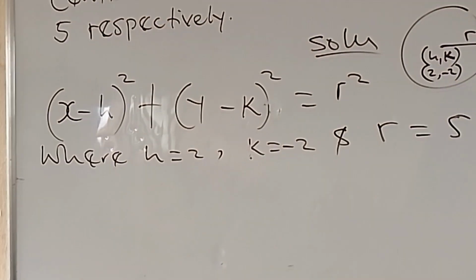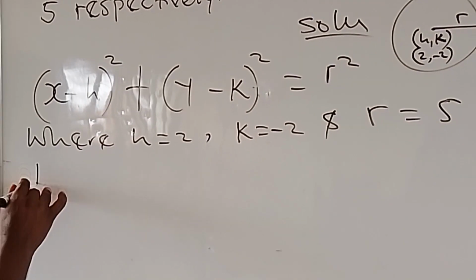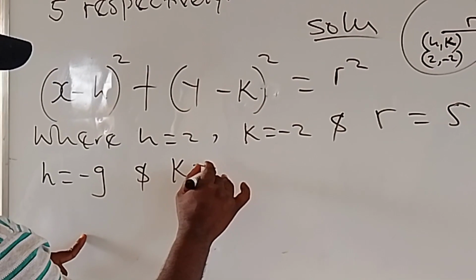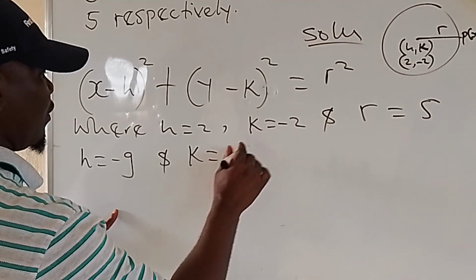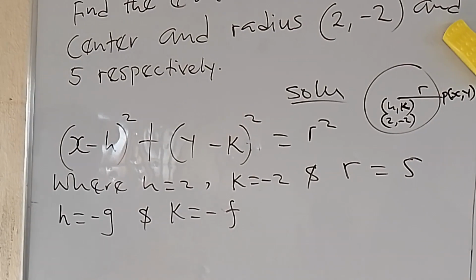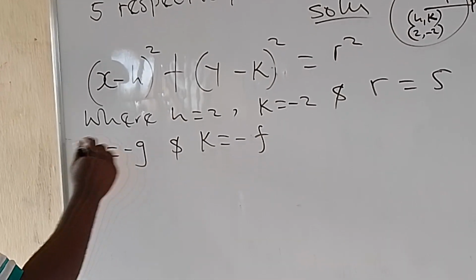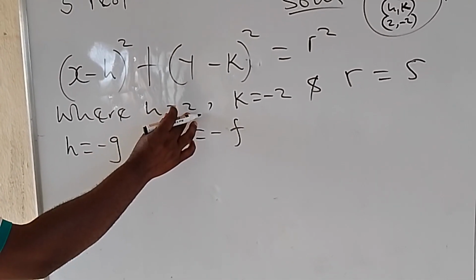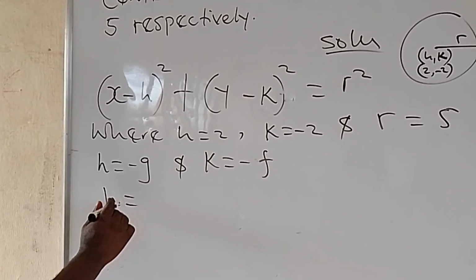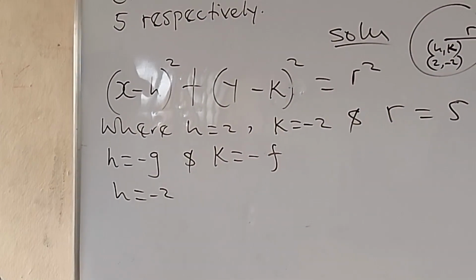You know, I told you people that the center is always negative. This implies that your h is equal to minus g, true or false? And your k is equal to minus f, isn't it? So if this is true and this is true, it implies that our h will now be minus times plus, which is minus 2.